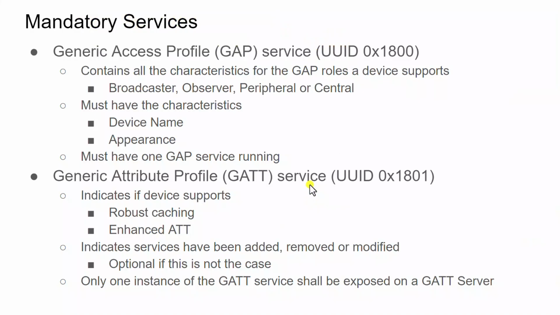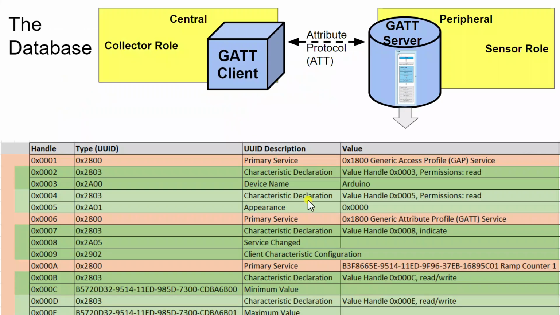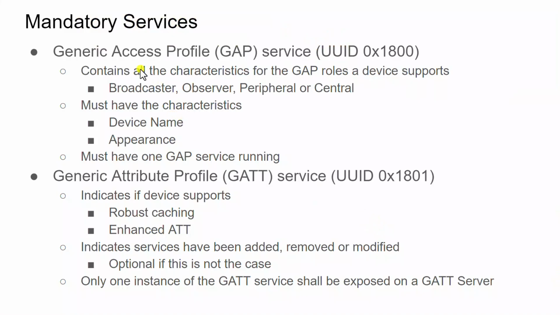So if we look at the mandatory services, those two that I mentioned, the GAP and GATT. The GAP service, which has that registered name, specifies, if you look in the Bluetooth core spec, all its rules and what it does, but it has all the characteristics for whether the Bluetooth device is acting as a broadcaster or an observer, peripheral, or central.